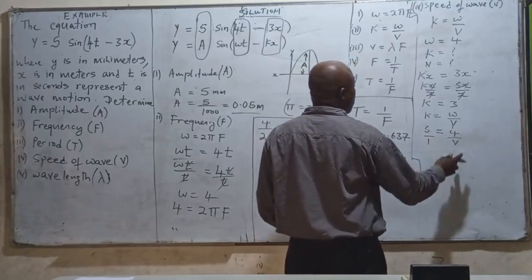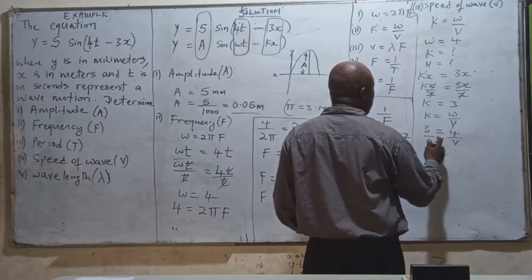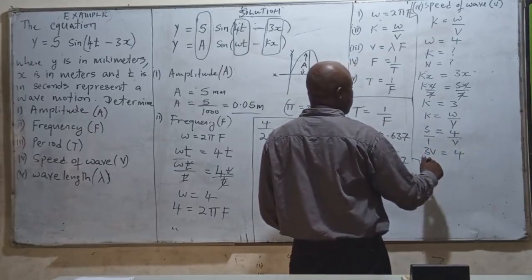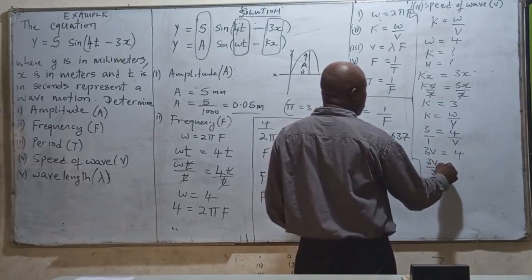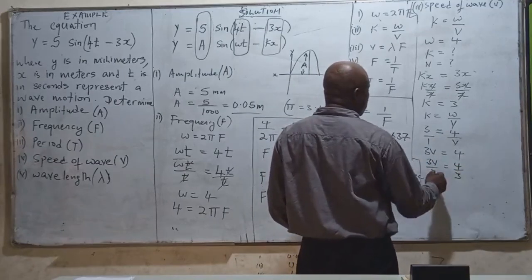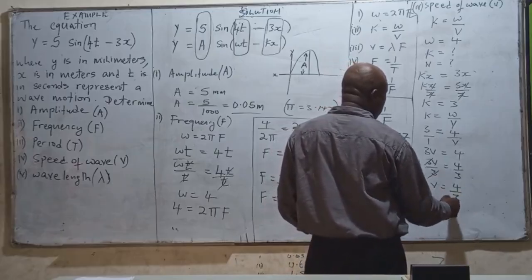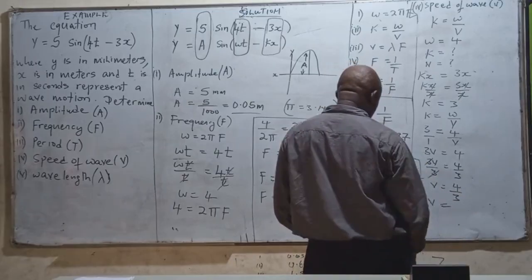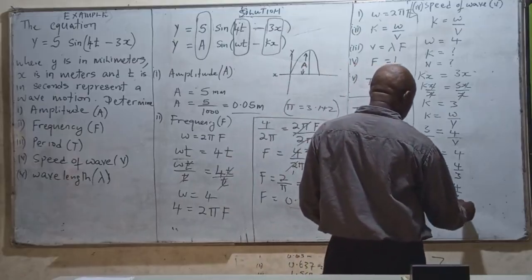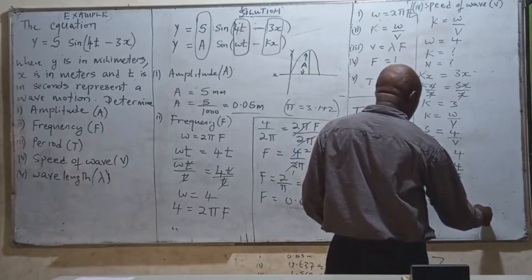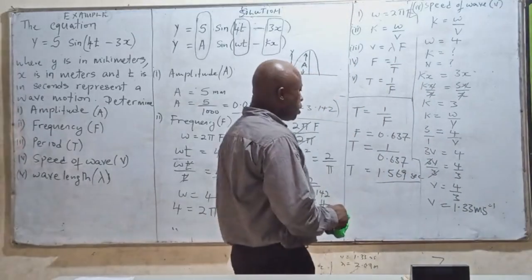When we cross multiply, we have 3v is equal to 4. Dividing both sides by 3, 3v over 3 is equal to 4 over 3, so the 3 cancels and v equals 4 over 3. Therefore our v is 1.33 meters per second.